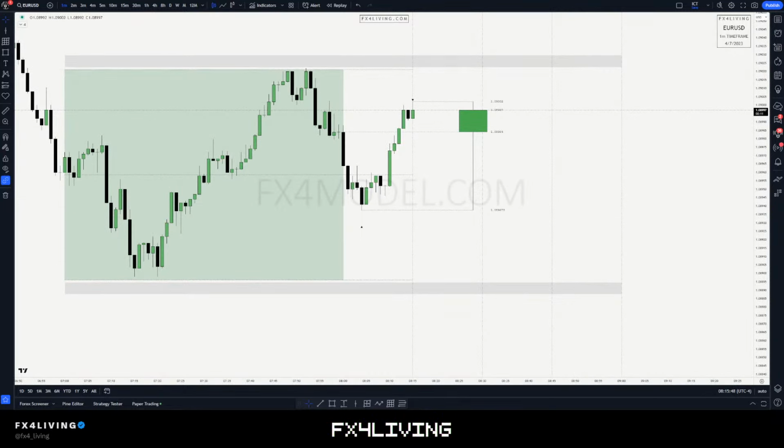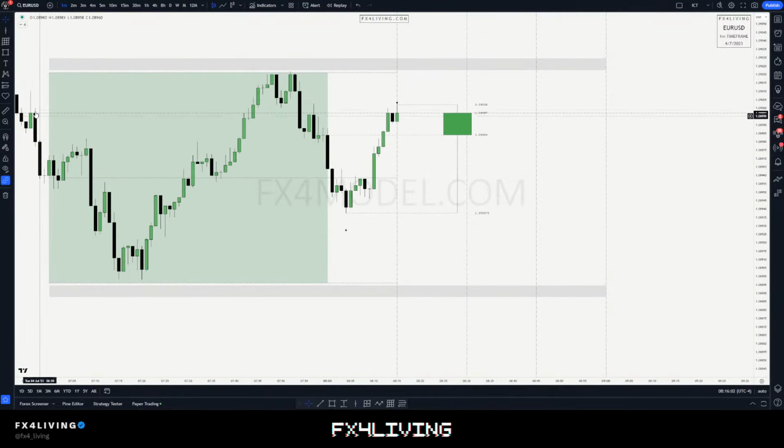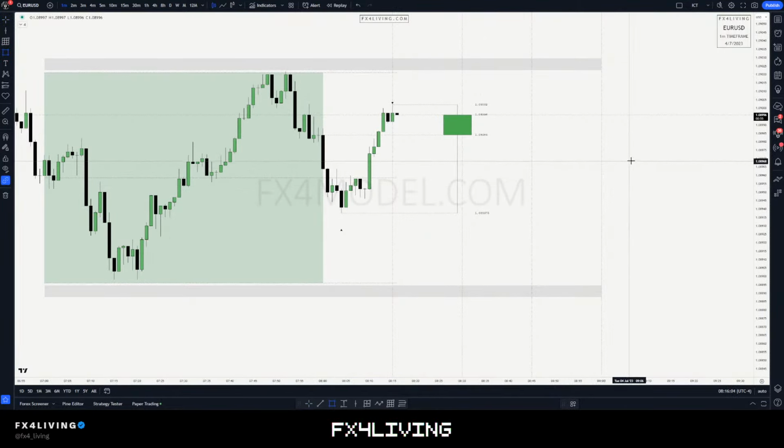Okay, so actually, price went inside premium of the previous range. And then price went up, you know. If you see that from a different perspective, you probably have one candle like that.